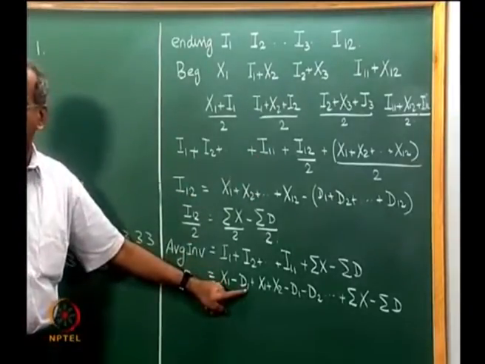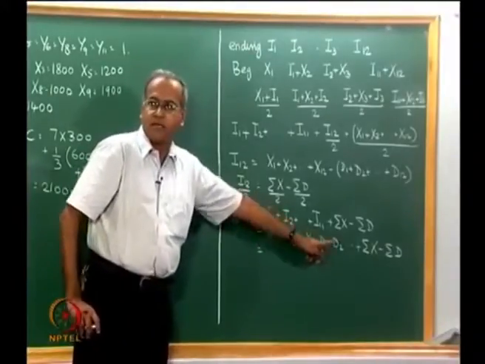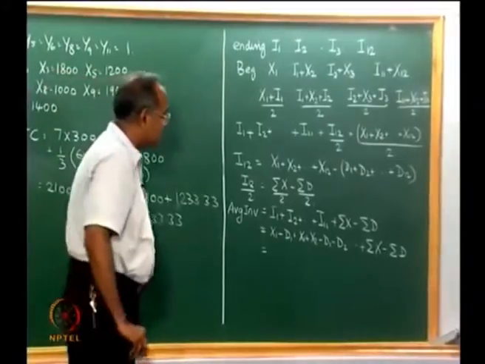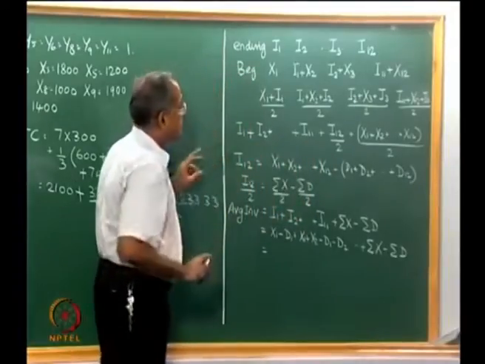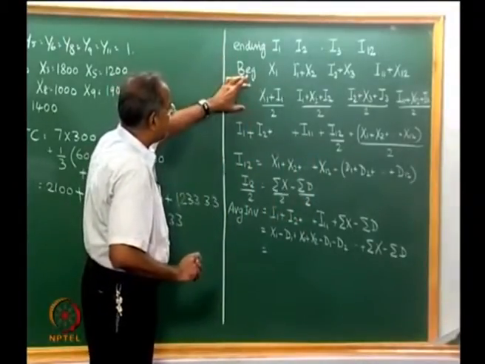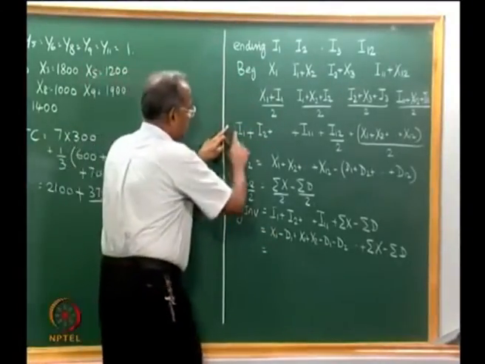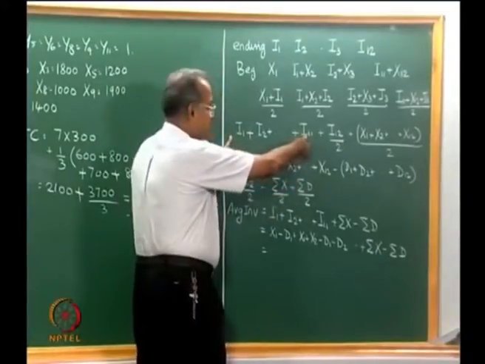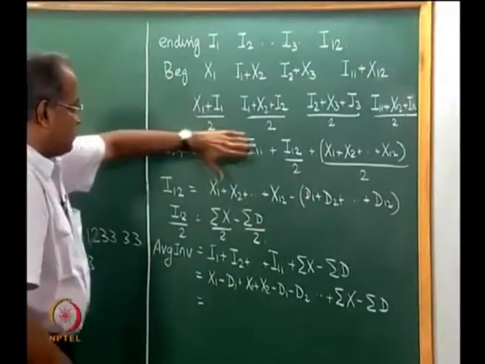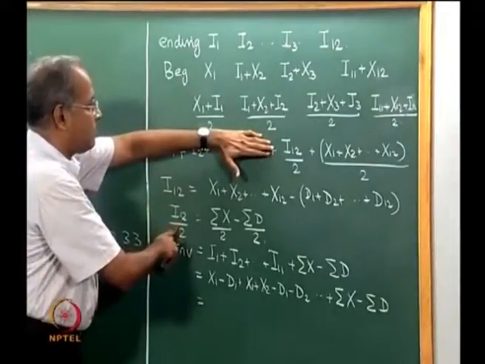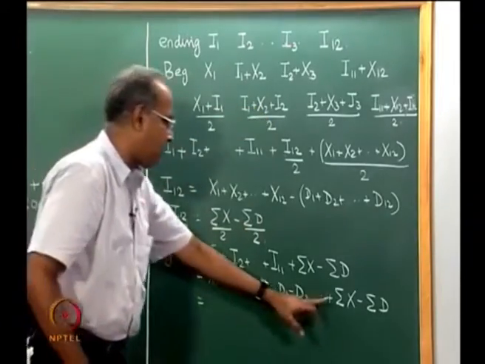I1 is x1 minus d1, I2 is x1 plus x2 minus d1 minus d2. The total inventory is this term that I am writing here. Now, this term is I1 plus I2 up to I11 plus I12 by 2. Now, this portion I12 by 2 is written as this.